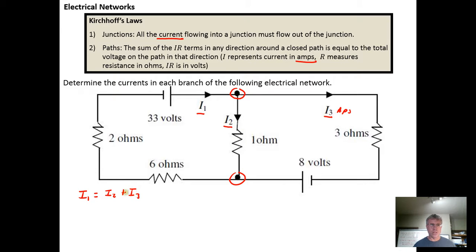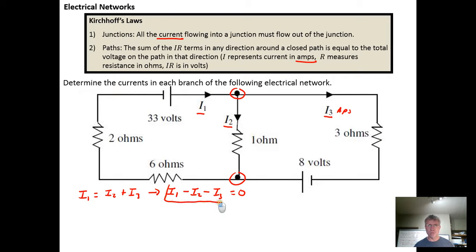So that junction gives us this equation: I sub 1 has to equal I sub 2 plus I sub 3, and we can manipulate this by subtracting I sub 2 and I sub 3 from both sides, so that we get I sub 1 minus I sub 2 minus I sub 3 is equal to 0.